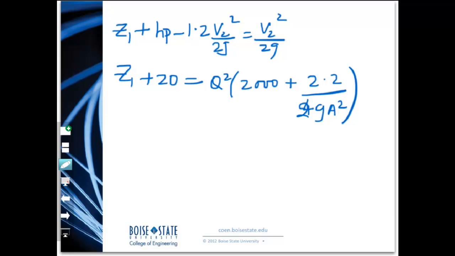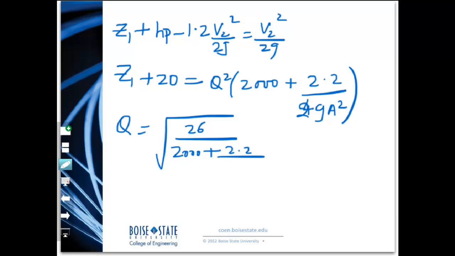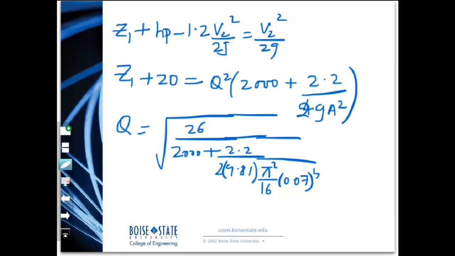And then if you do a little bit of algebra here, Z1 is 6 meters, so 26. So Q will be equal to the square root of 26 over 2000 plus 2.2 over 2 times 9.81 times pi square over 16.07 raised to the power 4.